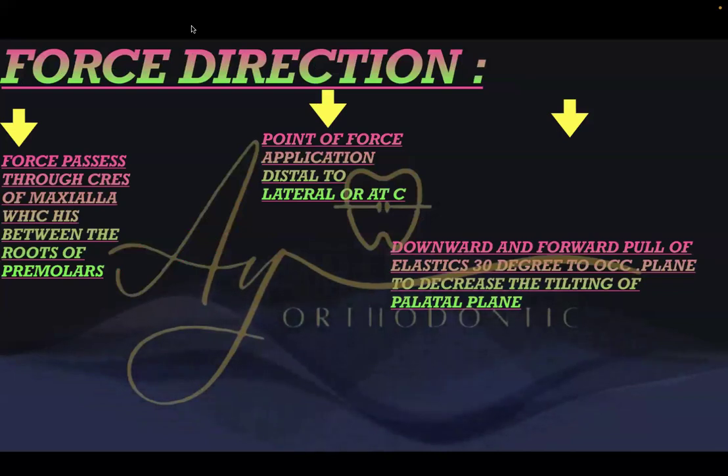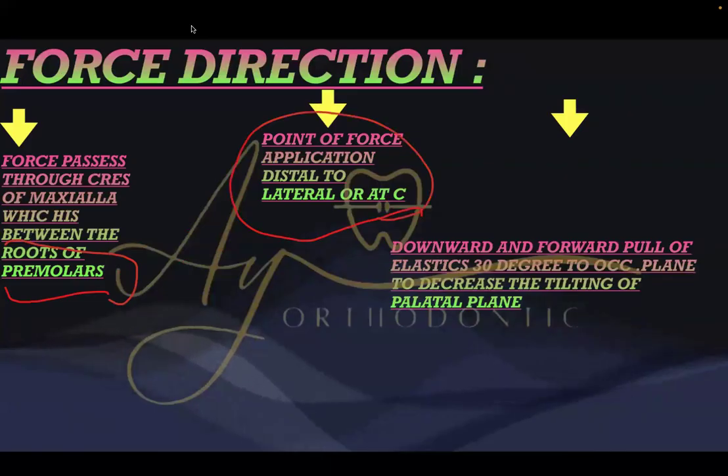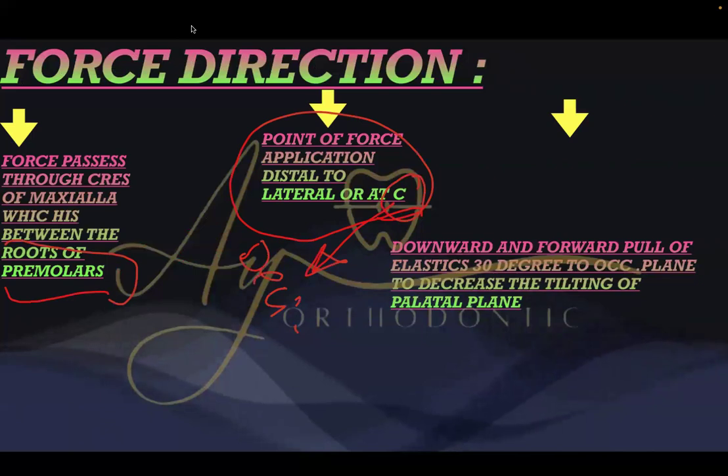The force should be passing through the center of resistance of the maxilla, which is between the roots of the premolars. The point of force application should be distal to the lateral, or if you are in the mixed dentition phase, which you are, it will be at the C, the deciduous canine, okay?